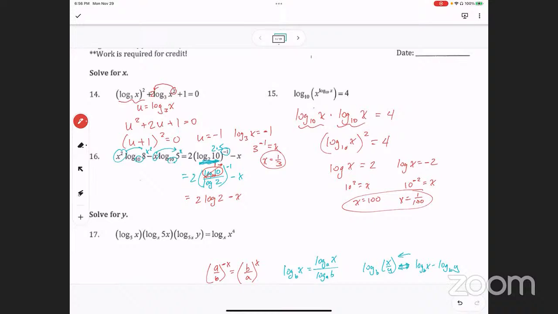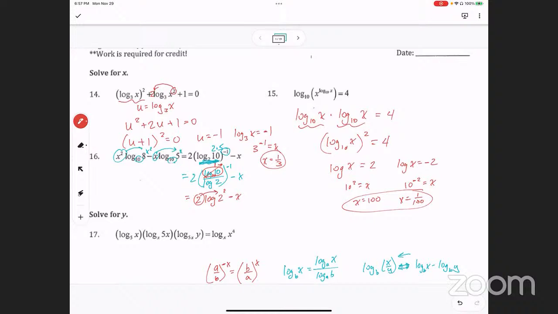In fact, I can bring this 2 up to here and make it just log base 10 of 4. And on the left side, I have all log base 10s. I still have an x I'm trying to deal with. So I'm kind of thinking about bringing the x's.